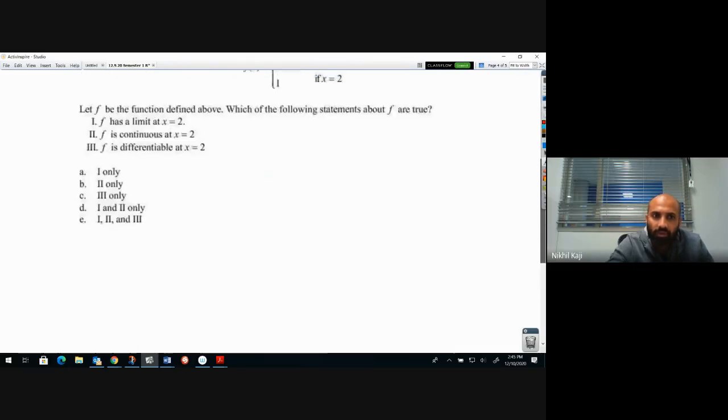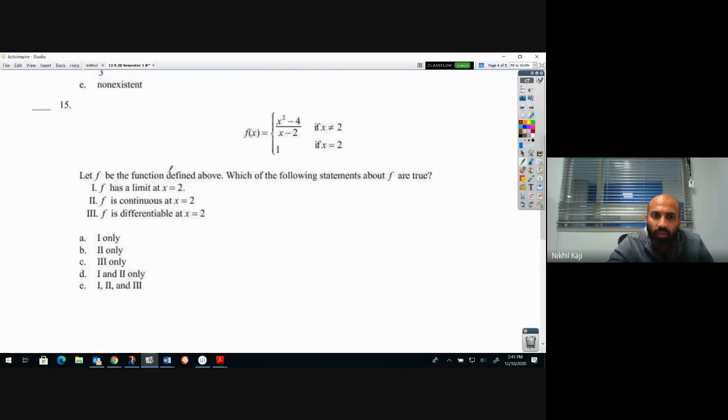All right. Our last problem now is asking what's true. So let's see. Here's f of x. Does it have a limit at 2? That means the left and the right side both have the same value if you plug it in. So basically here, x plus 2, x minus 2. That's just this factored. x minus 2 cancels out.